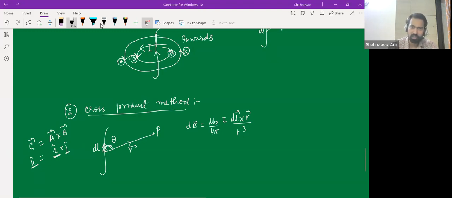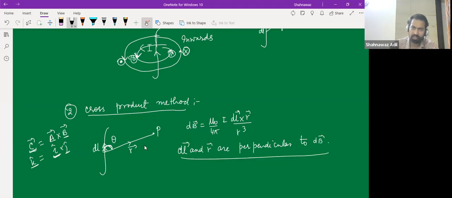So you understood that vector A will be perpendicular to C, and vector B will be perpendicular to C. Similarly, dl and r are perpendicular to B. Is this part clear?